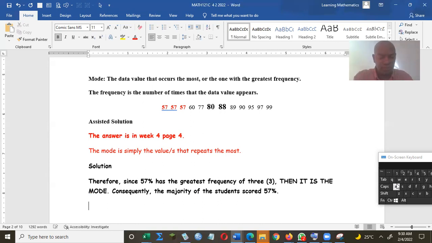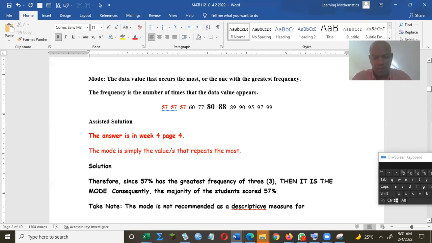Please take note. The mode is not recommended as a descriptive measure for quantitative data.